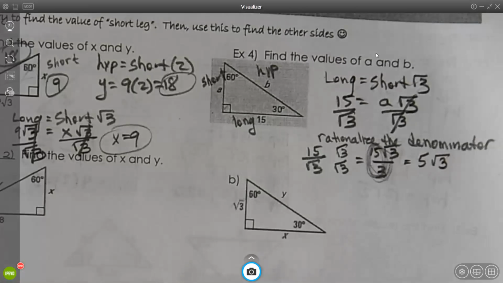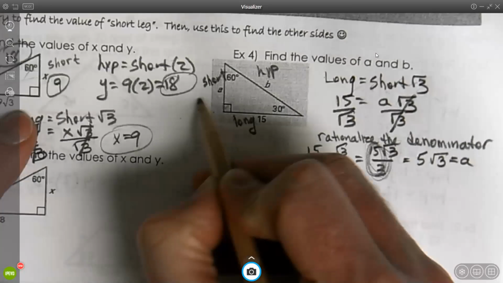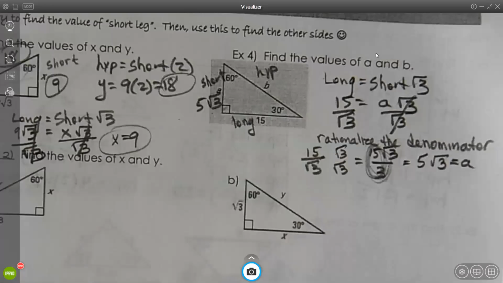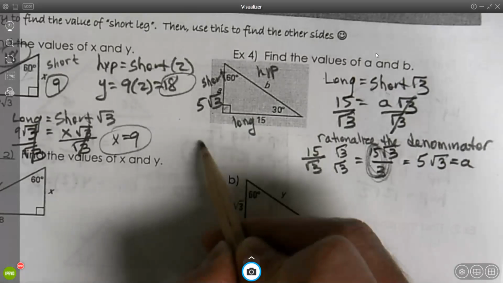So your short leg, your A value, is 5√3. And then to find the hypotenuse, we use our formula.